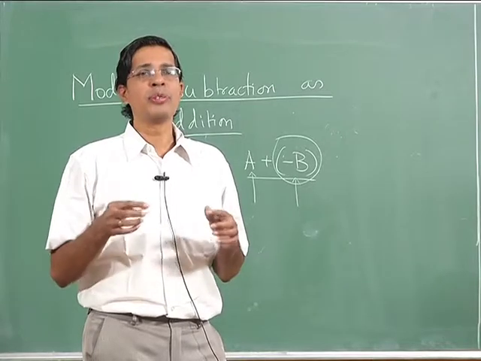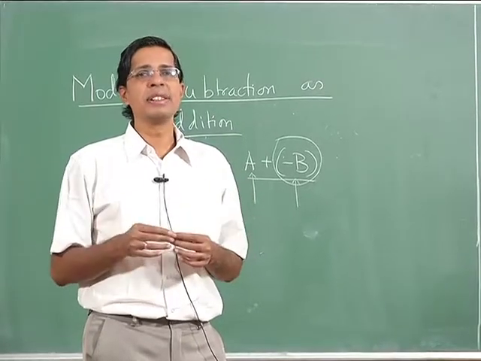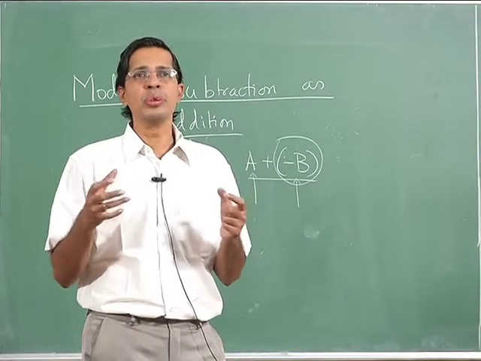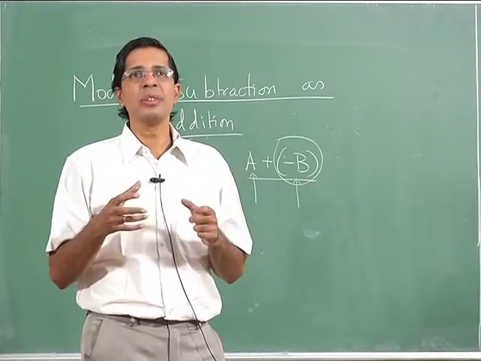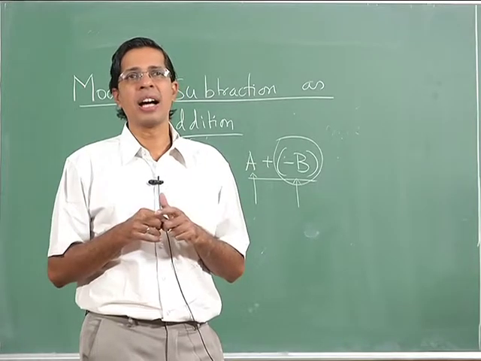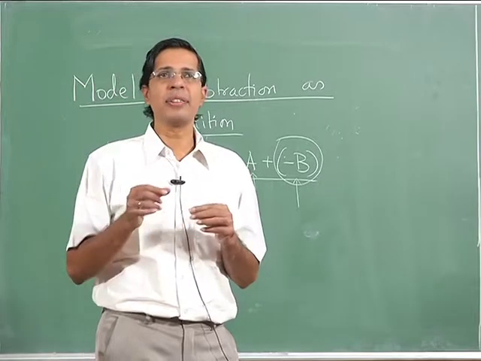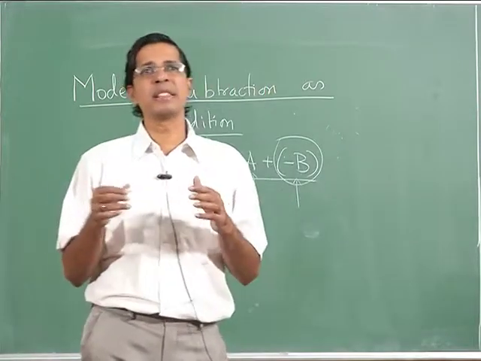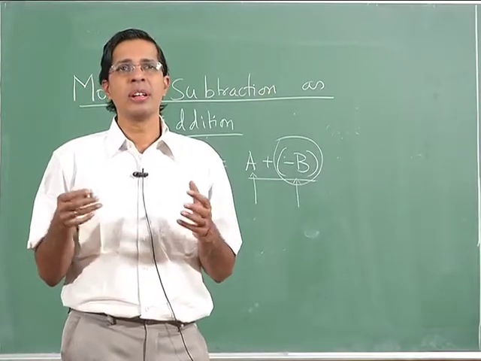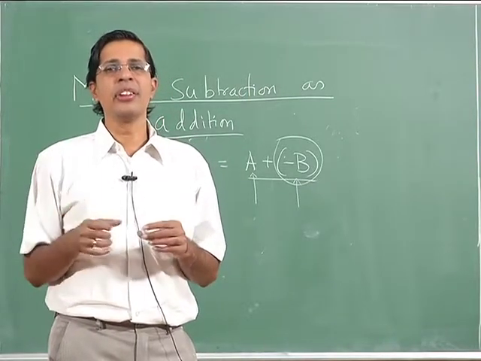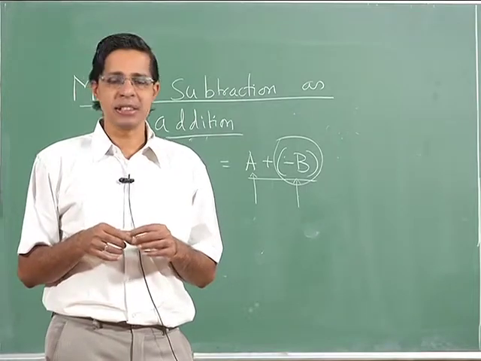So we should use an adder which is capable of adding two unsigned numbers and do signed arithmetic using that hardware. This is what we will be covering today: what sort of representations of numbers we need to follow so that we can model subtraction as an addition.